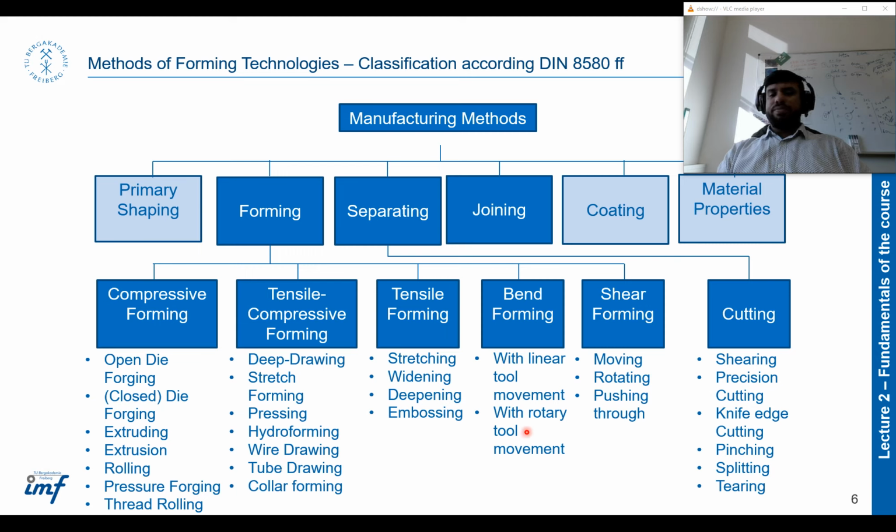And then we have a shear forming, where we are shearing off the material, for example in the form of flow forming operations. So yeah, this is generally the broader category of forming operations.